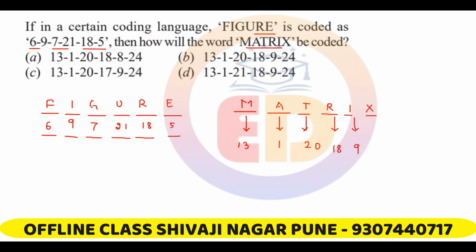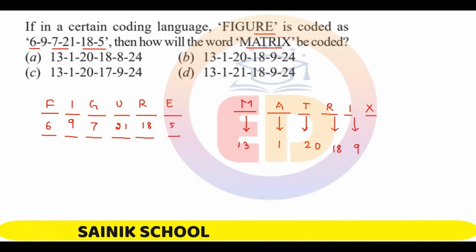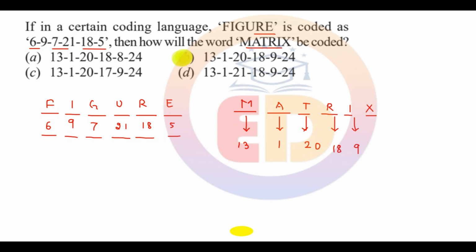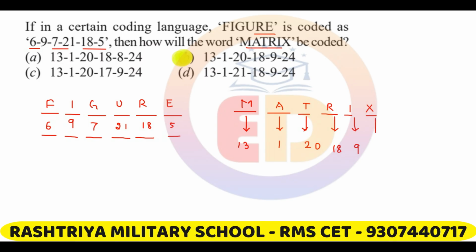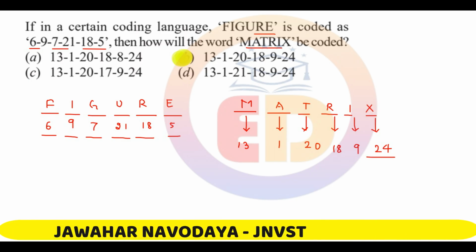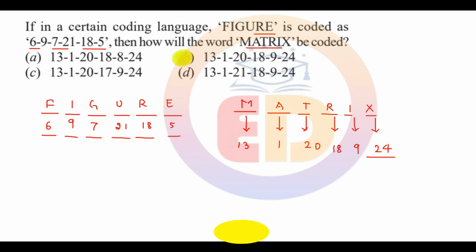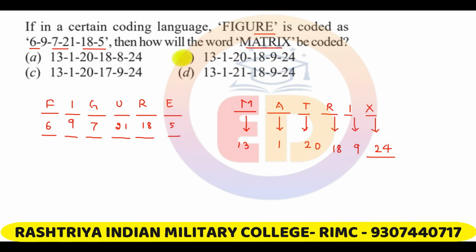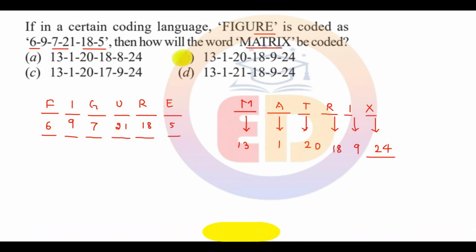So based on this, we can go by option number B as our answer, where X is 24. Answer is option number B. So this is the example of basic direct alphabet to number coding.